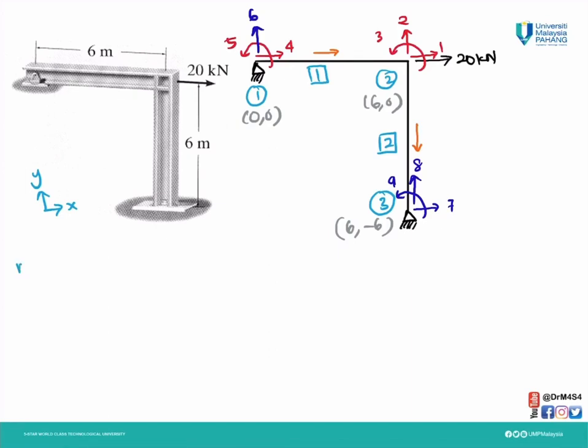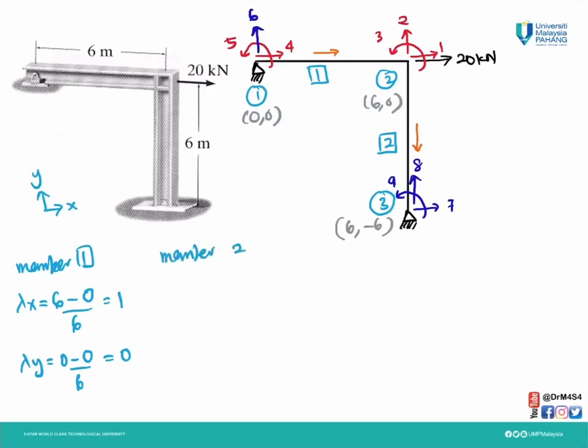For member 1, lambda x is x far minus x near, divided by L. So 6 minus 0 divided by 6 is 1, and for lambda y, please remember the formula, it's 0.